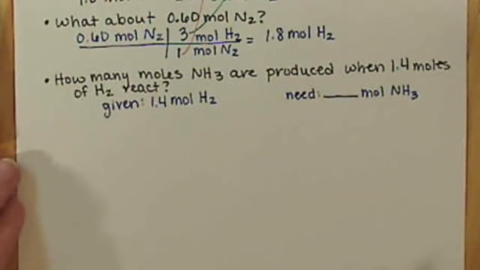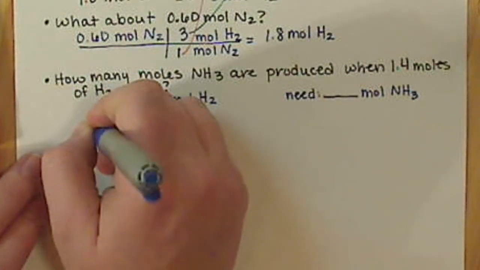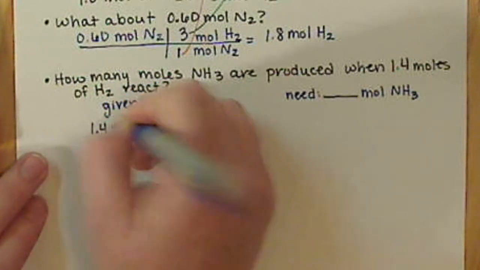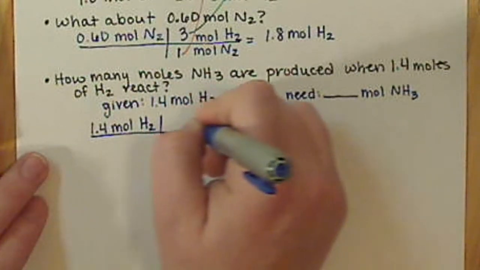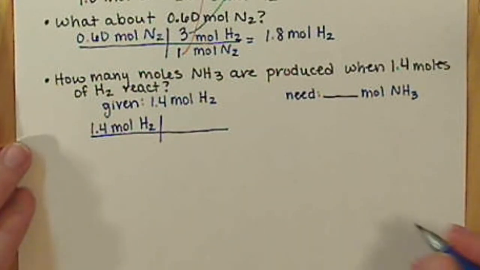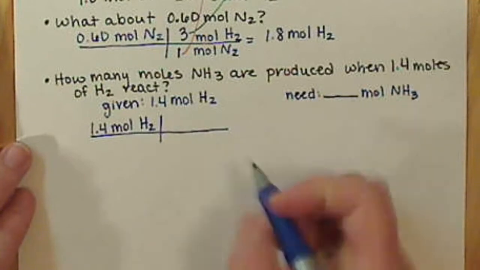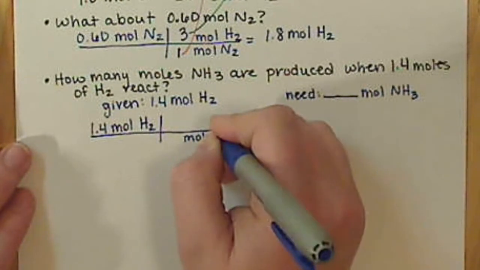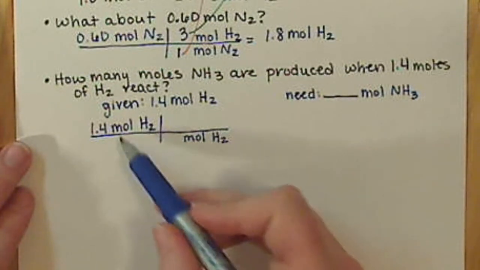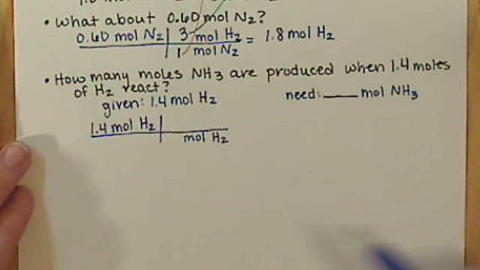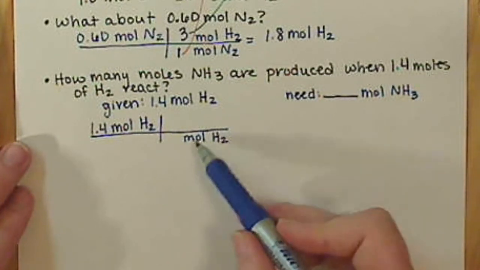So we want to start with our 1.4 moles of hydrogen and set up our conversion. Moles of hydrogen is up top, so we want to put that down in the bottom. Remember, we always have moles of something, atoms of something, grams of something.